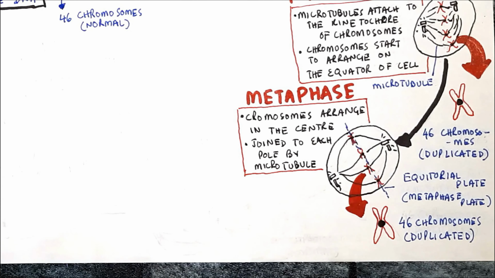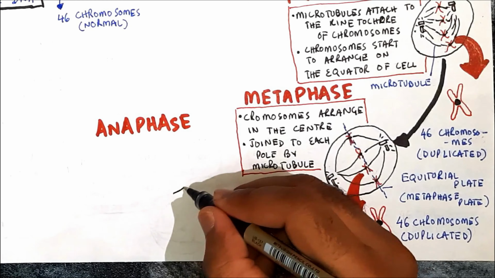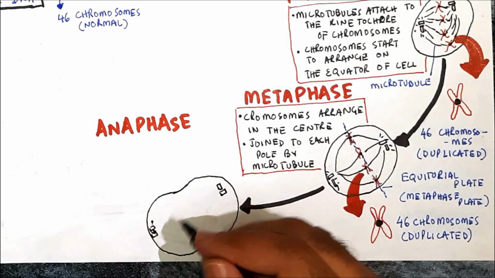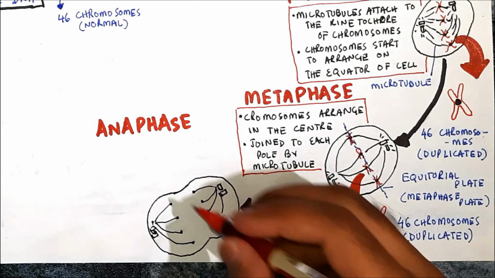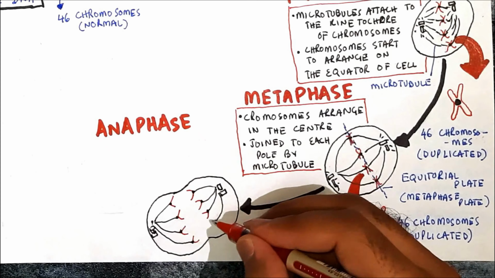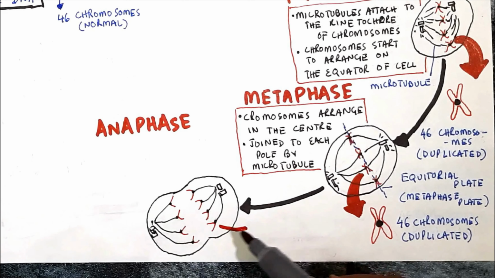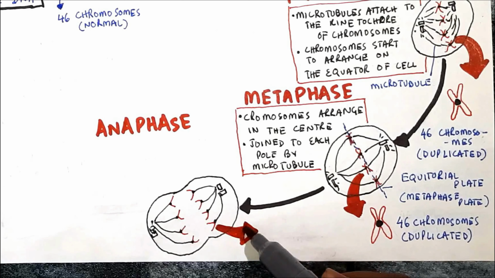Now moving on to the next phase, the anaphase. In this phase, the cell enlarges and the poles move in opposite directions. The centromeres split the chromosomes in two like so, and now we have more chromosomes. That means we have 92 chromosomes, all normal ones. So we have to understand this a bit.